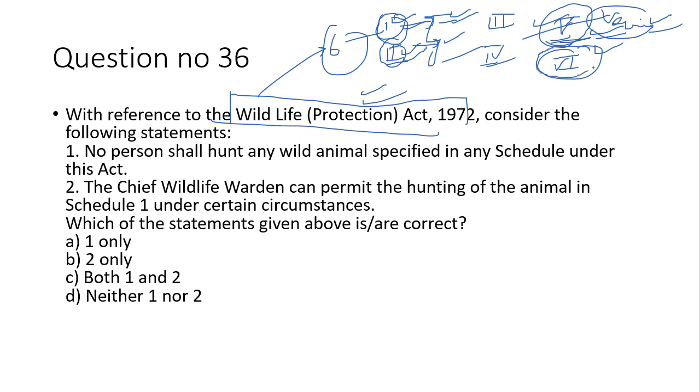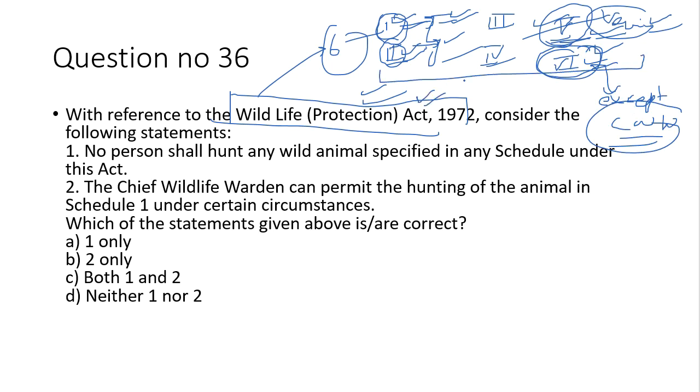And in schedule 6 are the species of plants which cannot be planted except with the permission of the chief wildlife warden. So these are the 6 schedules in the act, and this Wildlife Protection Act fulfills the constitutional guarantee under Article 48A and fundamental duties 51A. Okay, so this is just extra stuff.